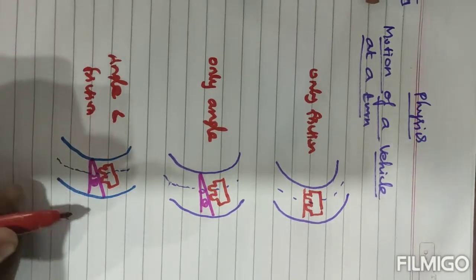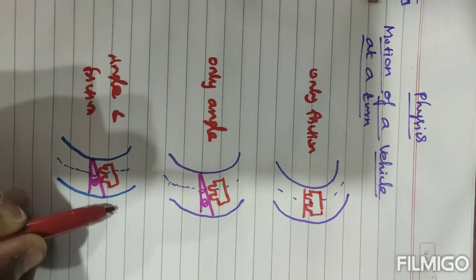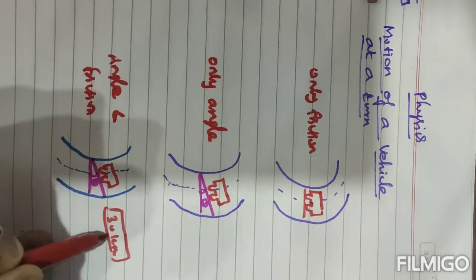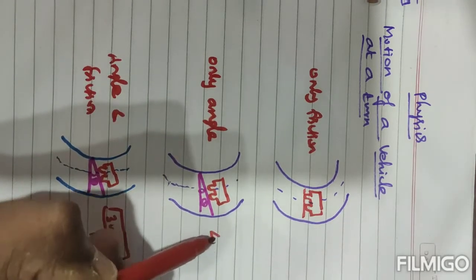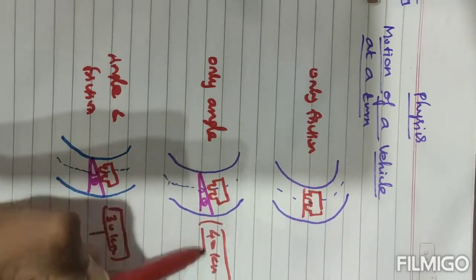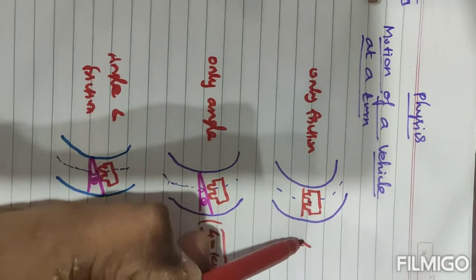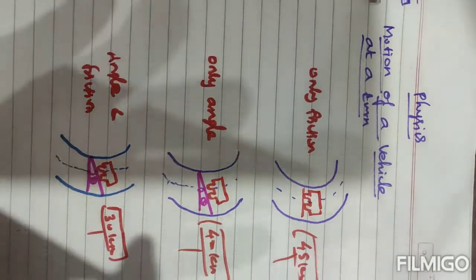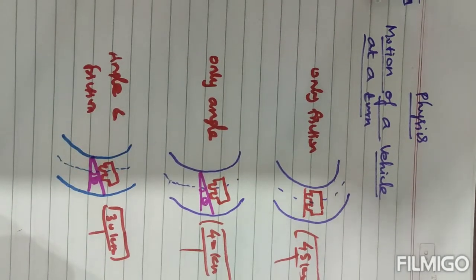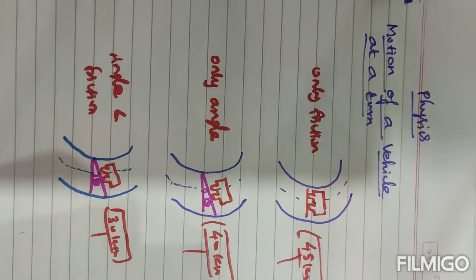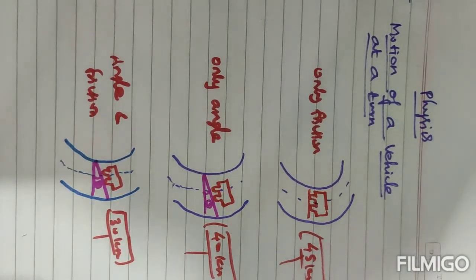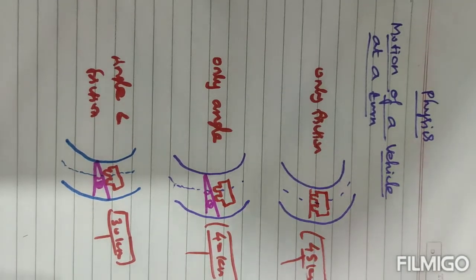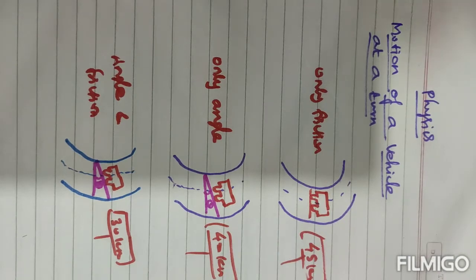For example, near the road they mention 30 kilometer speed only, here 40 kilometer speed only, here 45 kilometer speed only. How do they know that here 30 is enough, here 40 is enough, here 20 is enough? By using some calculation only, they mention the particular speed in the particular places.